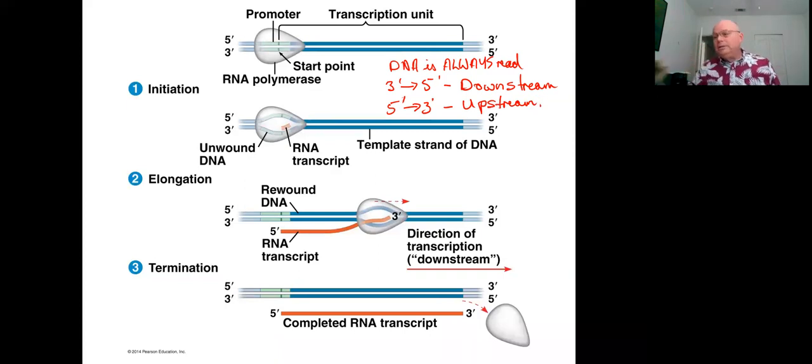So if we are reading the template here, 3' to 5', which is this strand here, this is the template strand, then going in the other direction would be going 5' to 3'. So the location where the RNA polymerase binds must be upstream of the gene unit or the gene sequence.